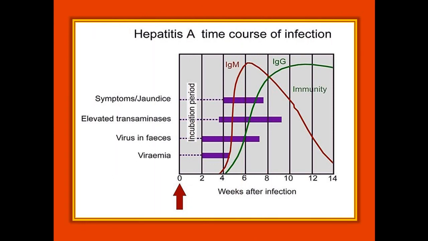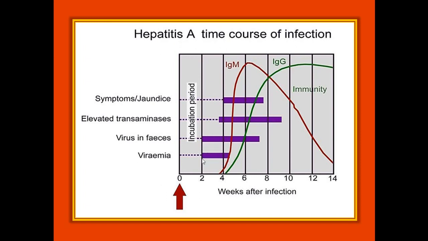And this diagram shows the hepatitis A time course of infection. This is in weeks. As you see here, the first 2 weeks is the average incubation period. Here there are no symptoms, no serology and no liver function affection.